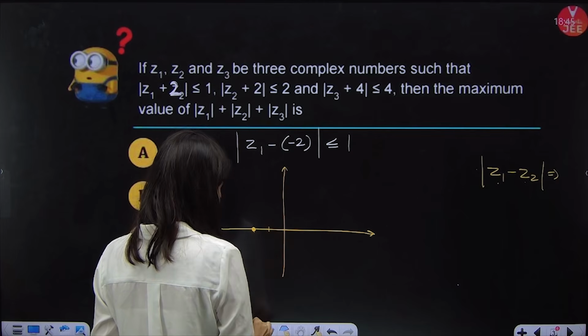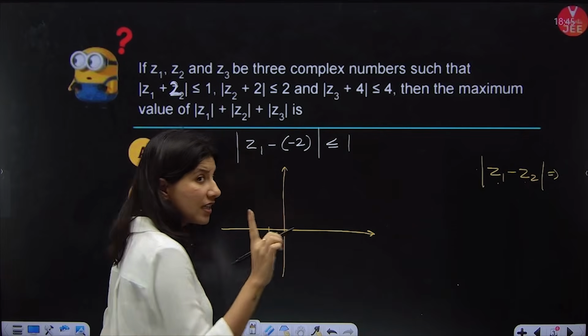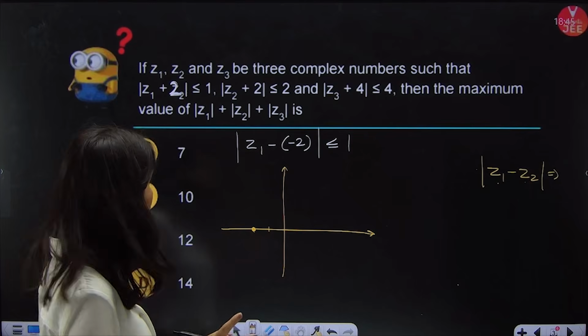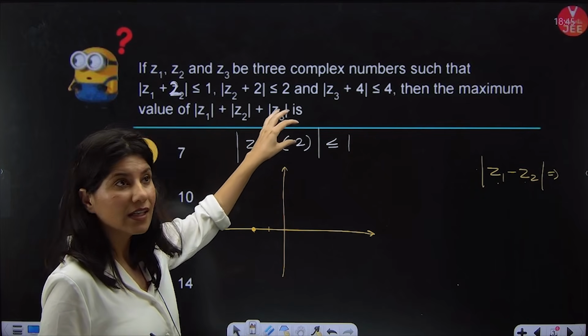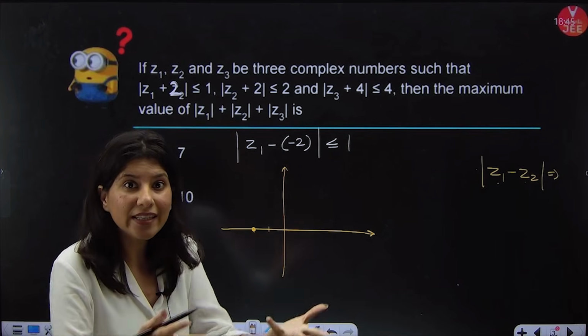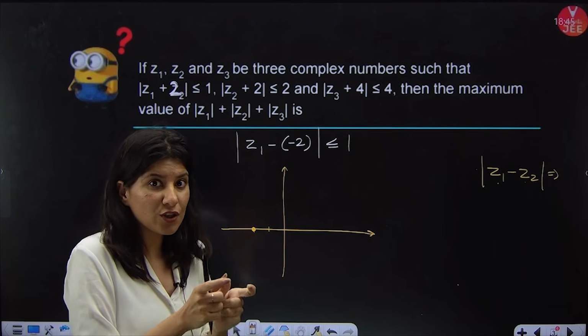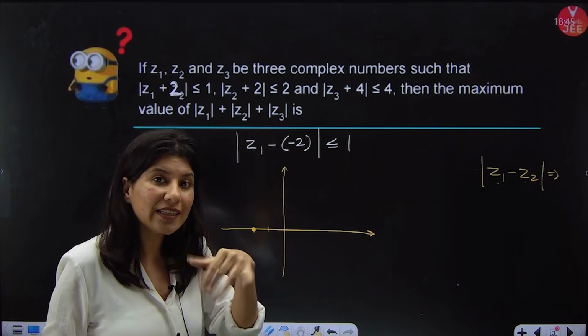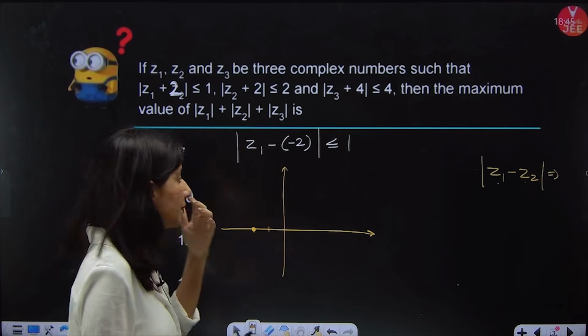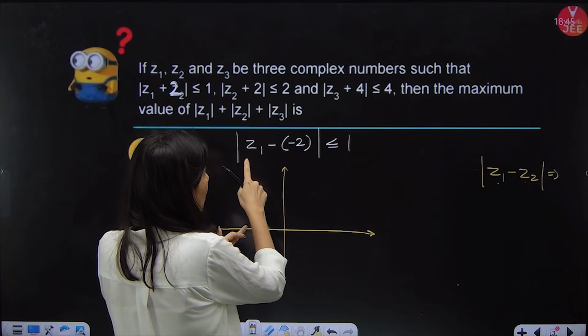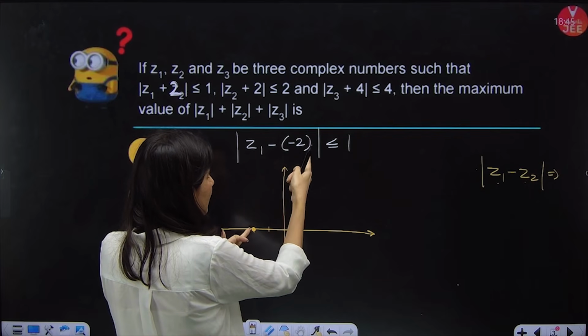Z1 is a variable point, it is not fixed. We need to figure out the maximum value of mod Z1, mod Z2, mod Z3. So Z1 is a variable, and we need to make sure its modulus is maximum.